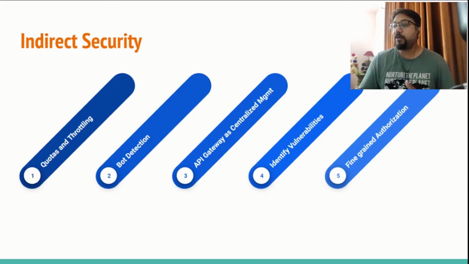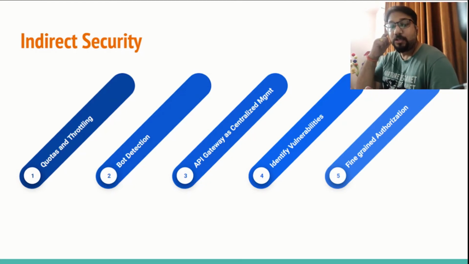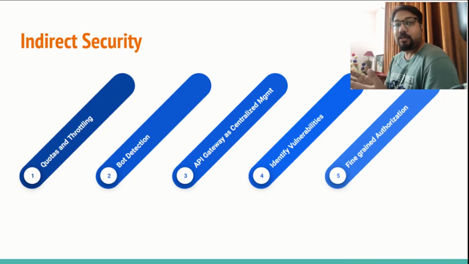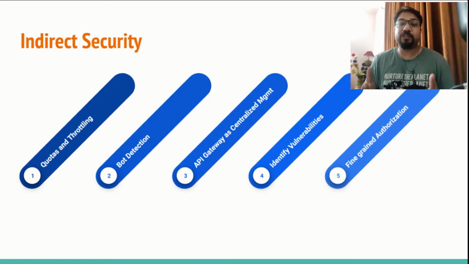Now fourth is identifying the vulnerabilities. So what exactly is this point? For example, if you are using some third party open source applications or systems or even COTS products, what you need to do is, at regular intervals of time, check whether any active vulnerability is there or not, and whether the open source project has released any patch to handle that vulnerability.